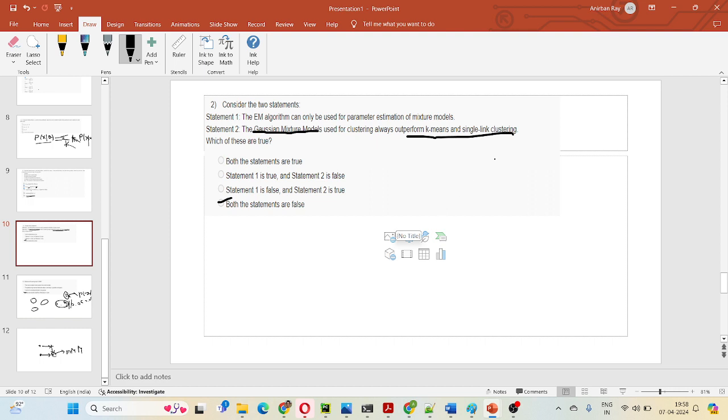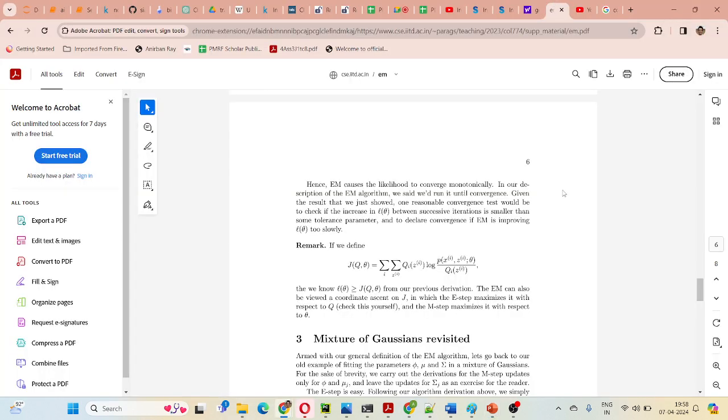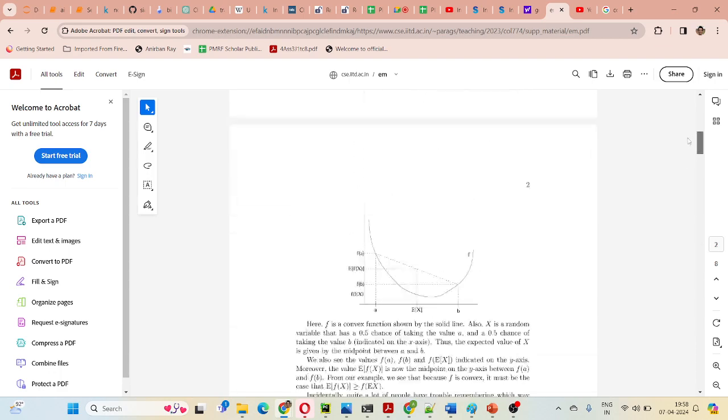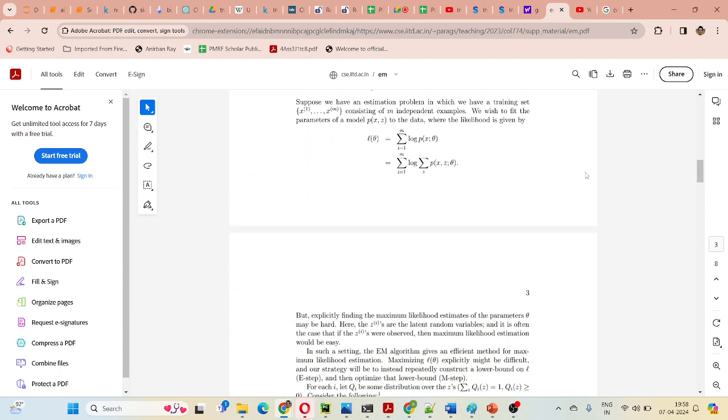So this actually comes from this one only. It can only be used for parameter estimation of mixture models. While I was showing you, they have not considered any mixture model type.